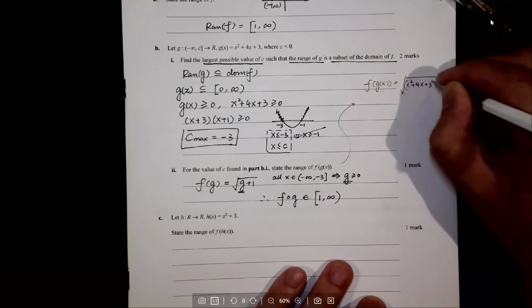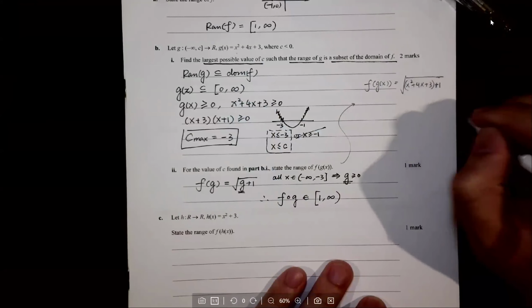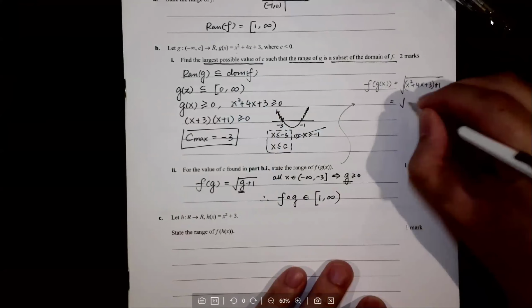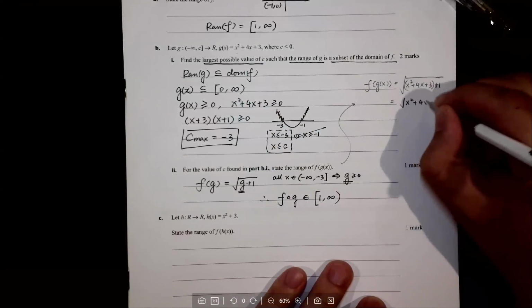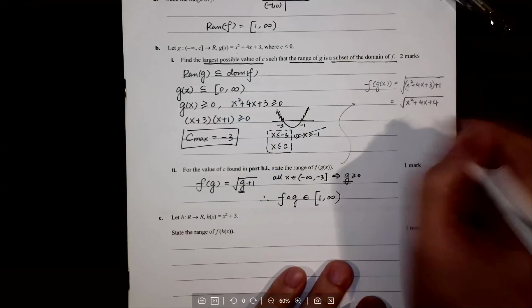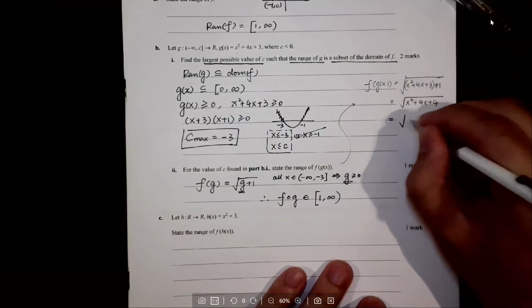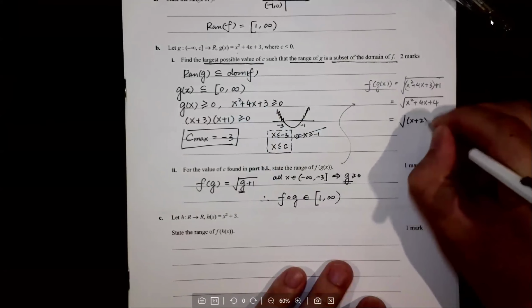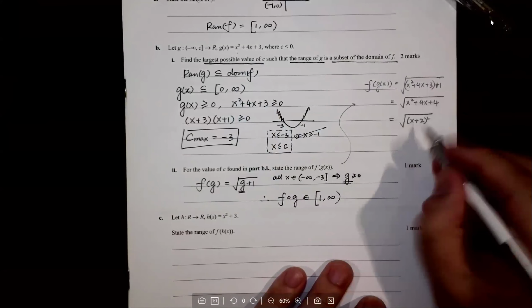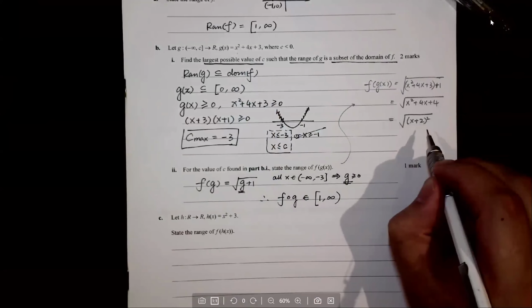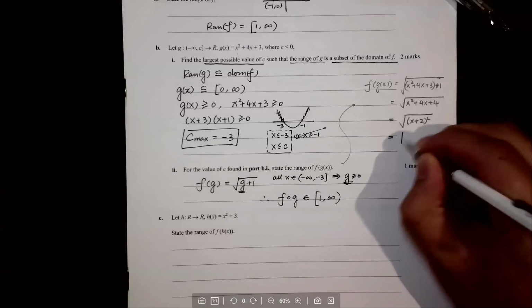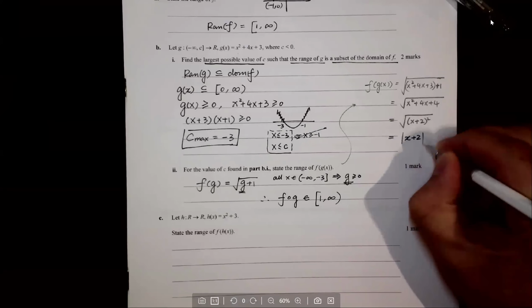So this part, g + 1, came from the original rule of f(x). So you actually get x² + 4x + 4, and this seems to be √((x + 2)²). Now, if you are going to simplify this expression, you have to be very careful. This is actually the absolute value of x + 2, okay?